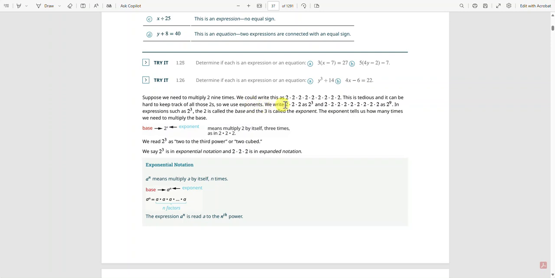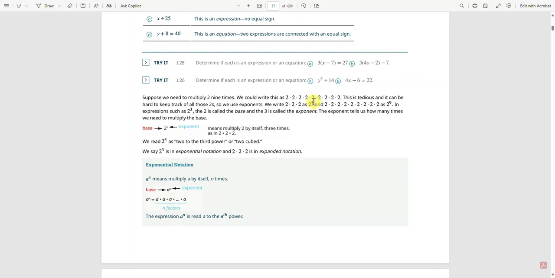We write 2 times 2 times 2, so multiplying 2 3 times. We write it as 2, and then we express the number of times that it's taken in this number, which is written above the line and in a smaller font, and that's called an exponent. So 2 times 2 times 2, instead of writing all that out, we just write 2 taken 3 times, or 2 to the 3rd power.